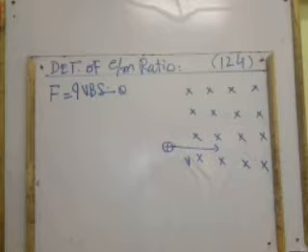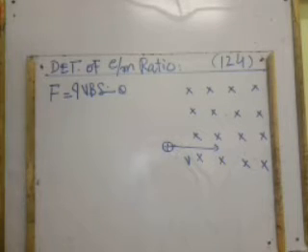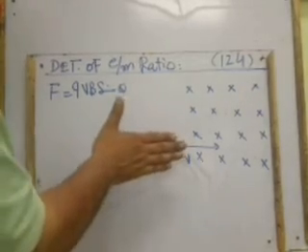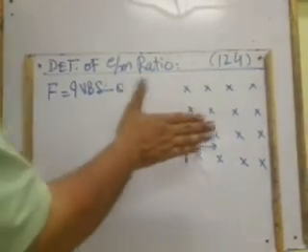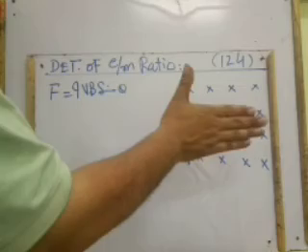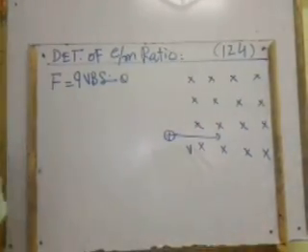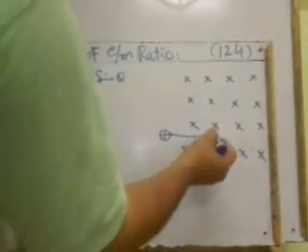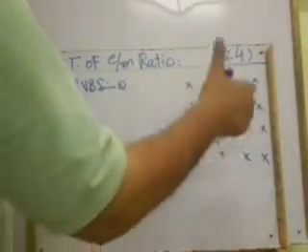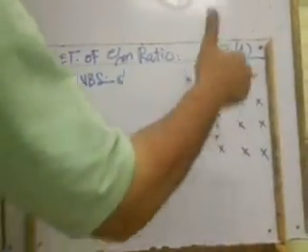What is the direction of the force actually? Extend your finger in the direction of v and rotate it in the direction of the magnetic field into the board. So we get a force acting on the charge in the upward direction like this.